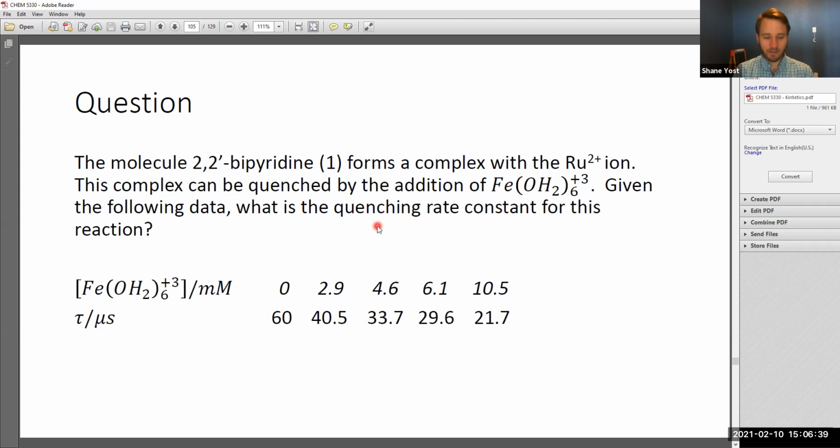You're given data of concentration of iron in millimolar versus the lifetime of your bipyridine ruthenium complex under these different concentrations of quenching. So the question is, what is the quenching rate constant for this reaction?